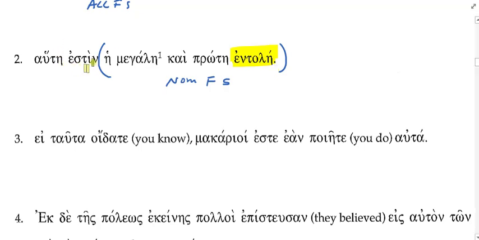In other words, I can't start with the article hē as a feminine article and then willy-nilly be stuck with saying, well, now I guess I have to pick some feminine noun to talk about, right? Rather, I start with the concept of the noun a commandment, and then when I want to say the commandment, it has to be the right article that matches the commandment, and the adjectives as well. Okay, so always keep that in mind. All the modifiers are subservient. They serve the head. Okay, and they have to do whatever the head is doing.